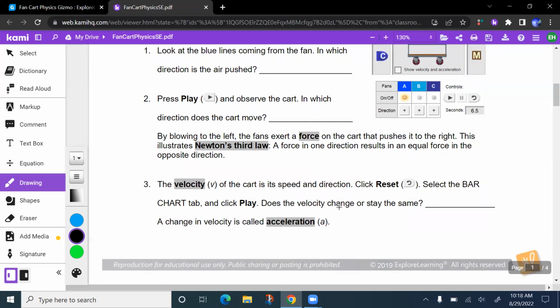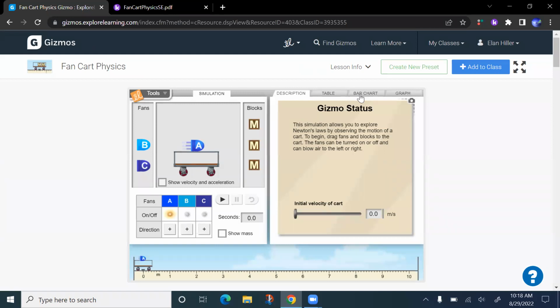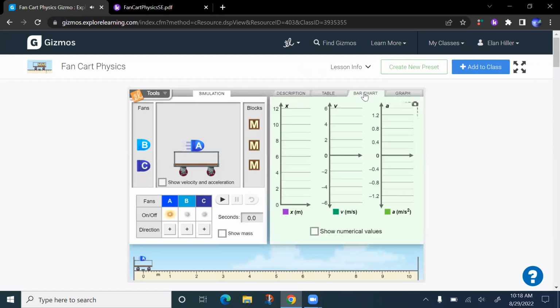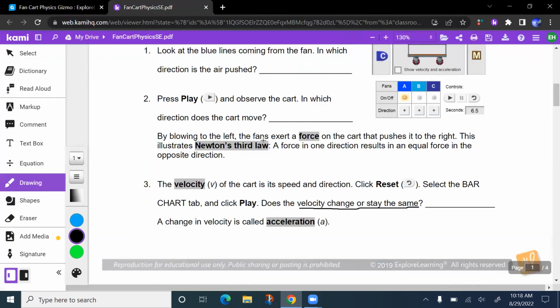Does the velocity change or stay the same? The bar chart tab is right here. Click play and answer question three. A change in velocity is called acceleration.